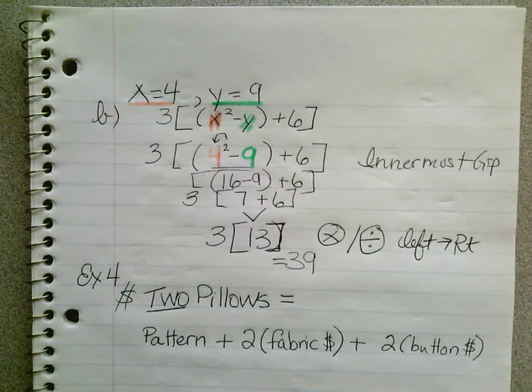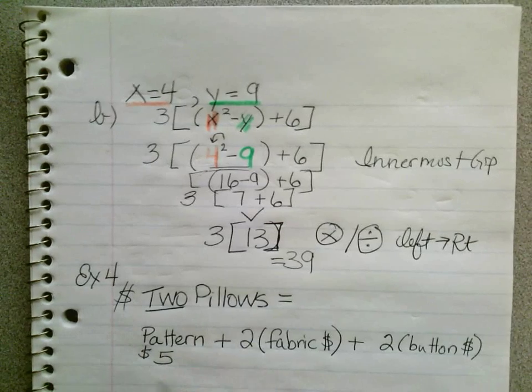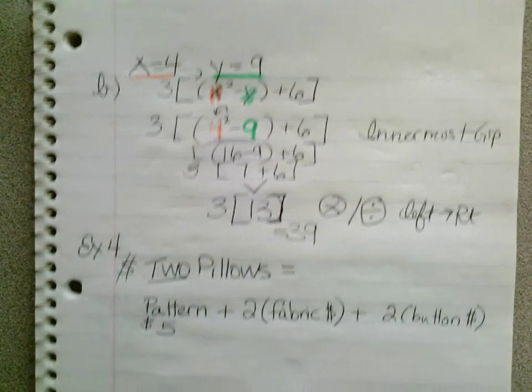Okay, still looking on page 18. Ethan, what was the cost of the pattern in the top paragraph there, example 4? He's got it right. The $5 is what you pay for the pattern.